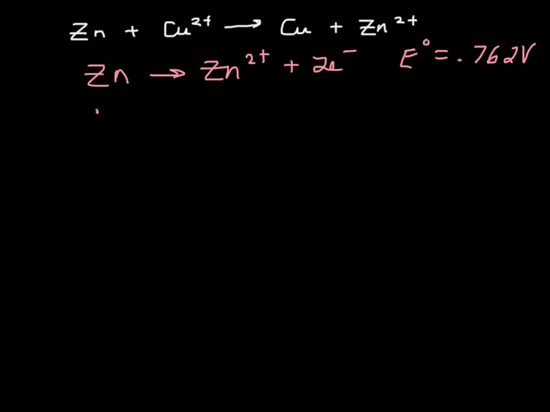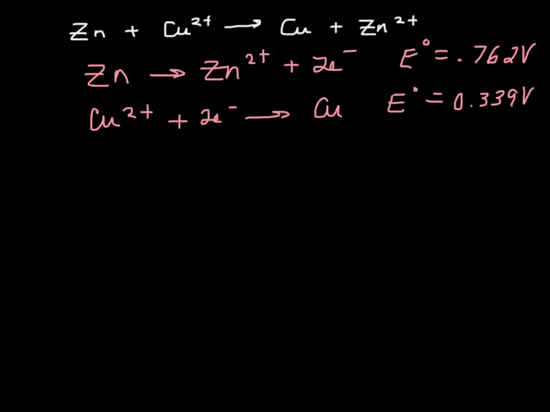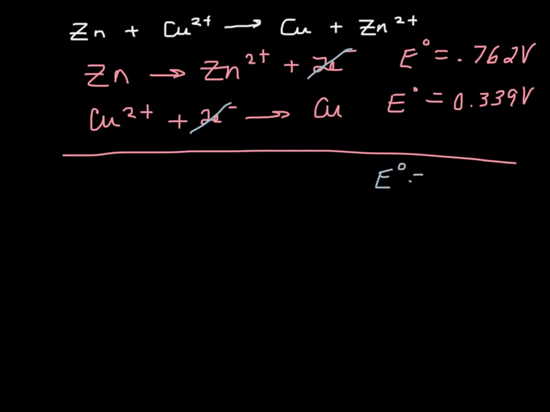The other half reaction, copper ion plus 2 electrons goes to copper. Again, you find this half reaction in the table. It's a reduction, so you should see it exactly like this: Cu2+ plus 2 electrons gives you copper. And in the table you should find 0.339 volts. These two reactions add up to give me the overall reaction, so we just add up the voltages: 1.101 volts.